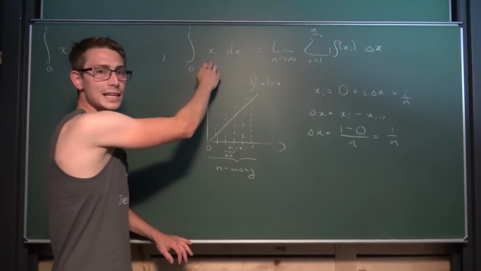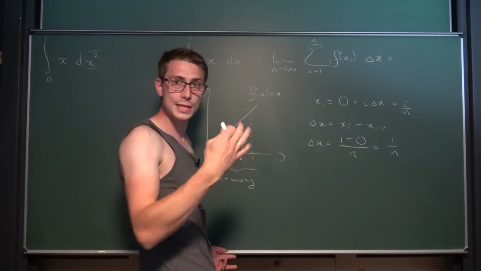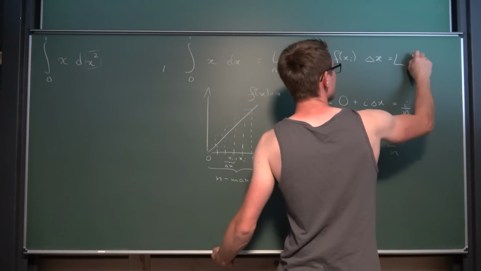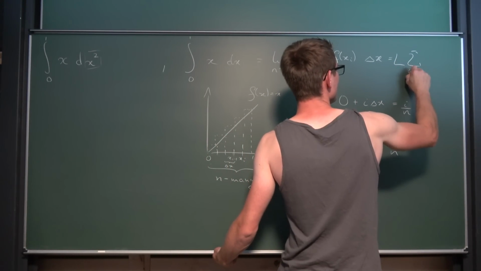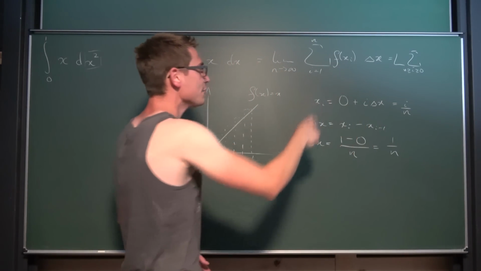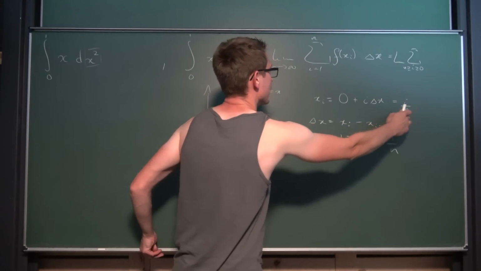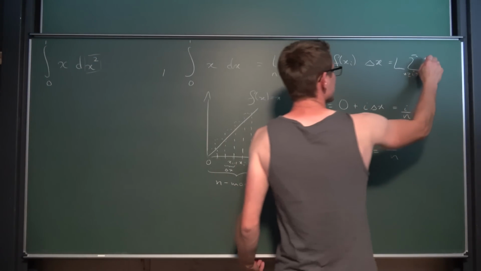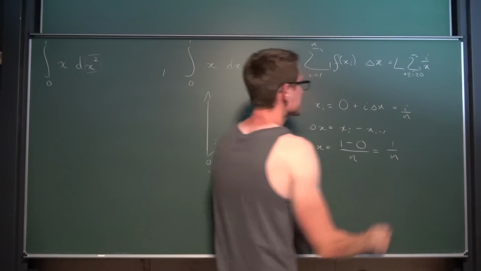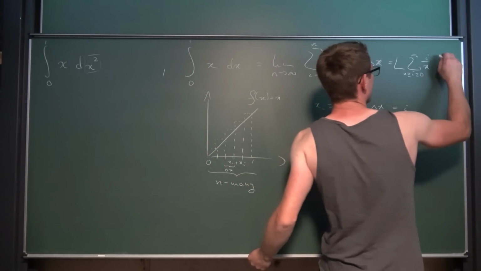So meaning we can calculate the integral that we have up here as being the limit as n approaches infinity, I'm going to denote it as capital L, of the sum where i is bounded between 0 and n, of f of xi, in our case xi is i divided by n, and f of x is nothing other than x. This is our function here, just going to be i divided by n. And delta x that we get right here is 1 divided by n.